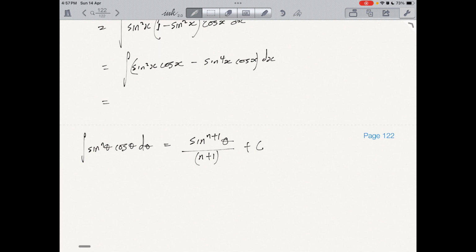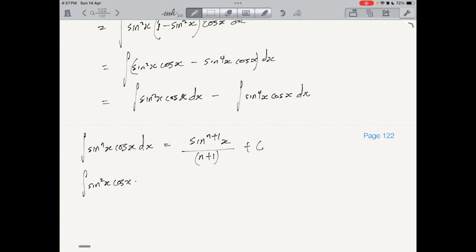We have the integral of sine square x cos x dx minus the integral of sine 4x cos x dx. We notice that our variable here is x, and we can therefore change our variable to x. So let's begin with integrating sine square x cos x dx.